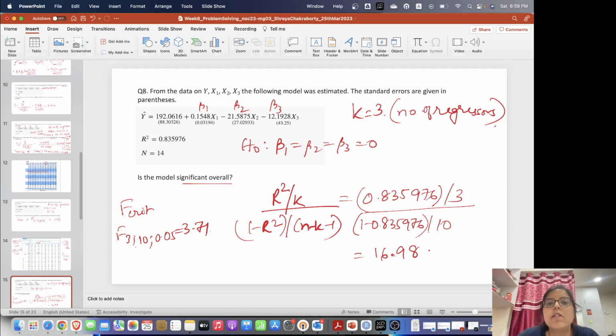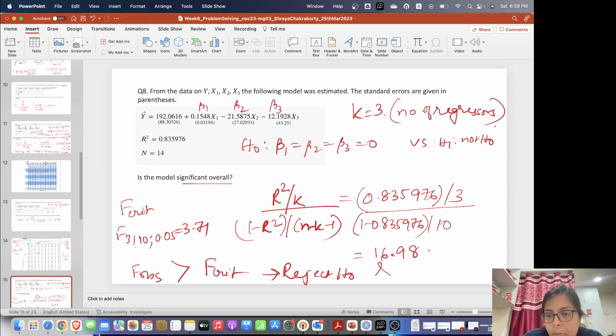All zeros means it is not significant. None of the variables are contributing to the response variable. Versus H1, which is not H0: at least one is non-zero. So here, since our F observed is greater than F critical, we will reject H0 and conclude that the model is significant.